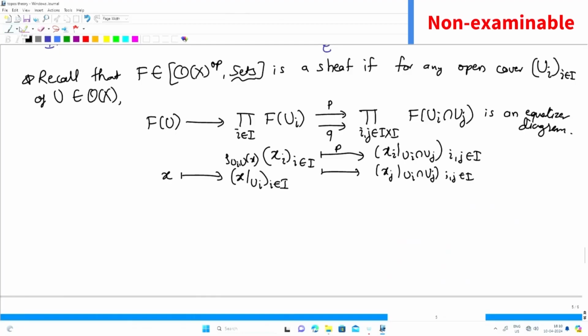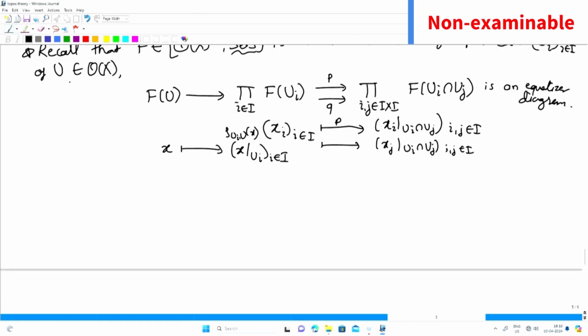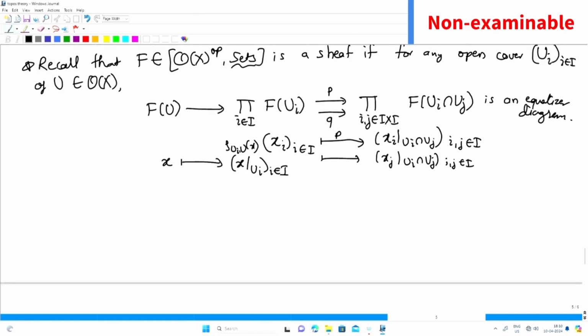Now we have to generalize the concept of an open cover to an arbitrary base category C. We only know it for OX op. So the open cover means that the union of UIs is equal to U. Now we have to talk about what is the meaning of covering an arbitrary object. Well, for that we have to describe a Grothendieck topology.